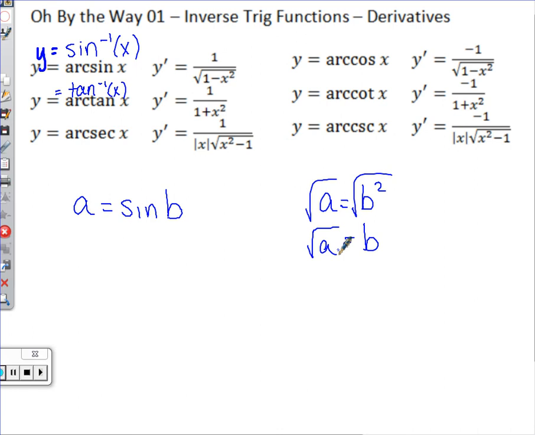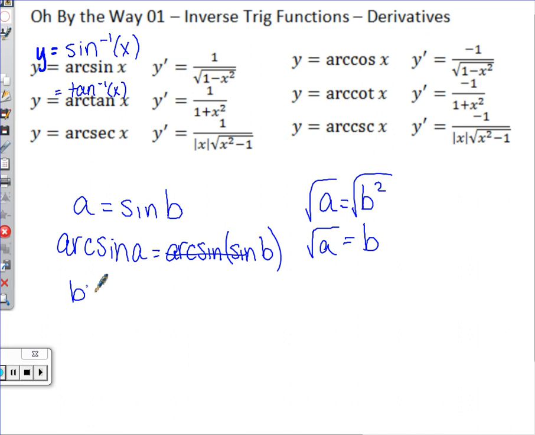We would take the arcsine. So we would say the arcsine of a equals the arcsine of the sine of b. And the arcsine of the sine cancels. And we get b equals the arcsine of a.